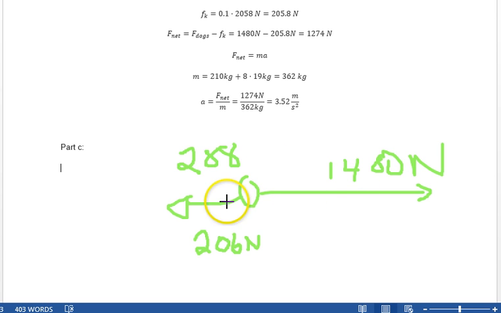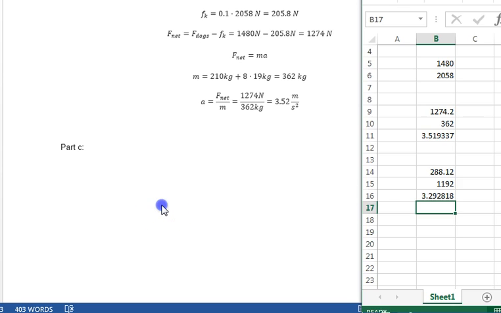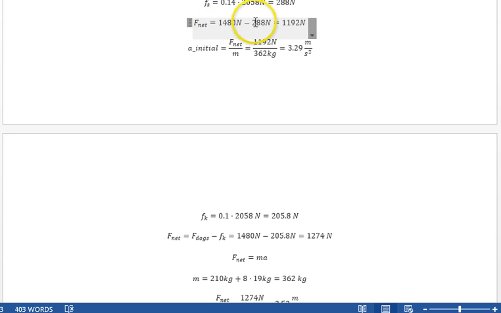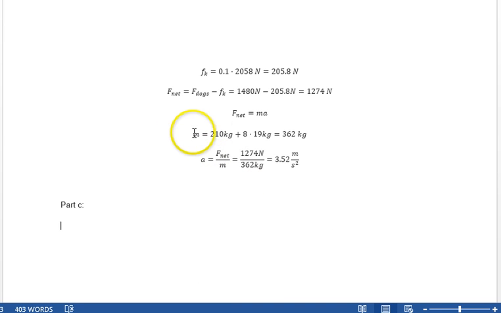So what's the total force on the coupling? The coupling experiences this plus that, so it experiences a greater force. For one part, the coupling is 1480 plus 288, and for the other part, it's 1480 plus 206.